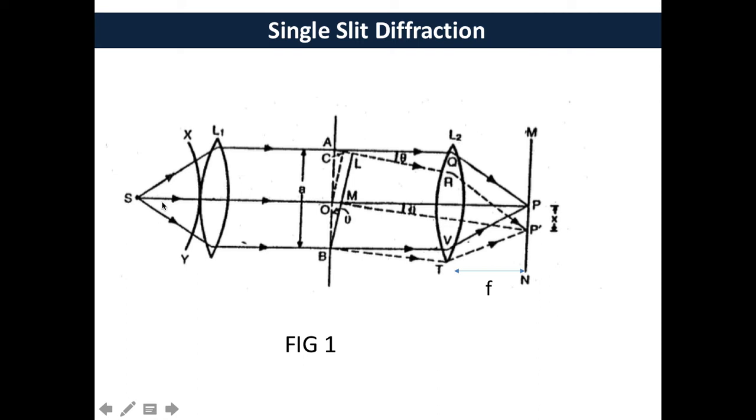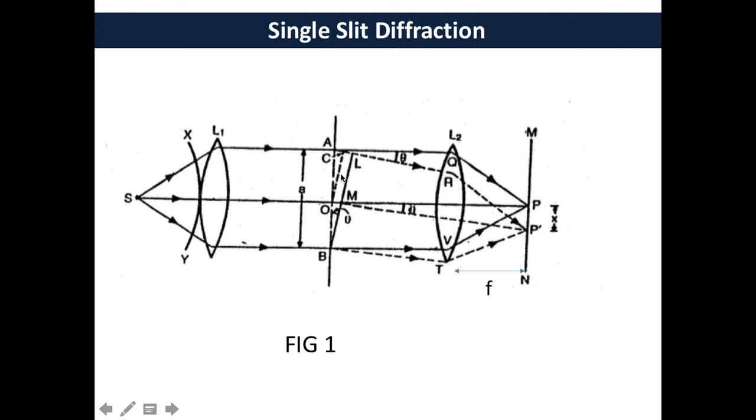So in this figure, as you know, the incident plane wavefront at the slit AB can be imagined as divided into a large number of infinitesimally small strips or small points.